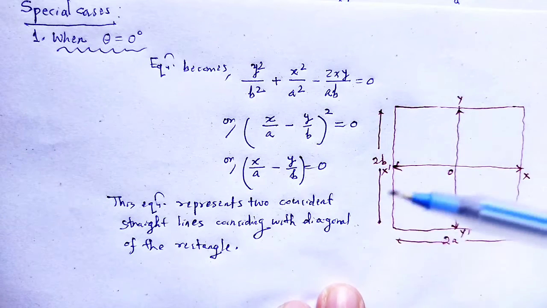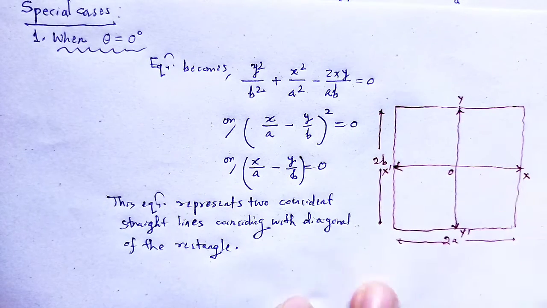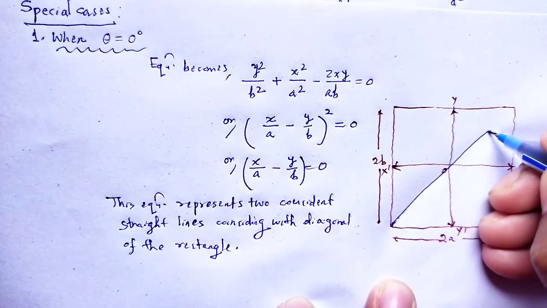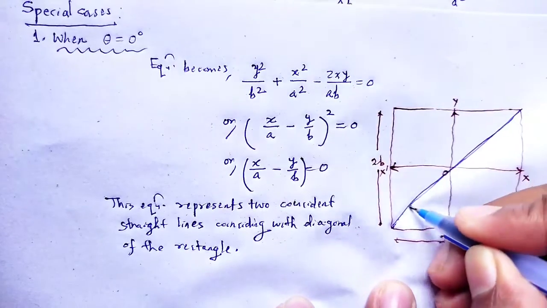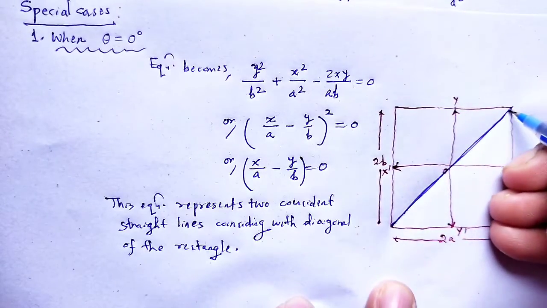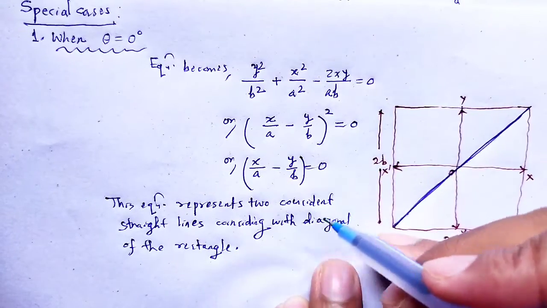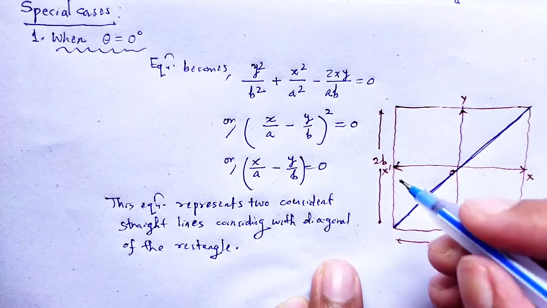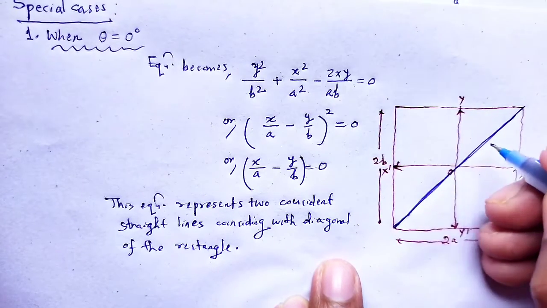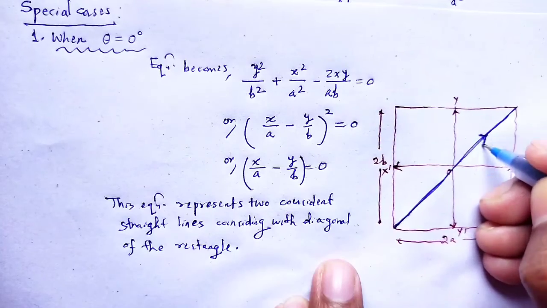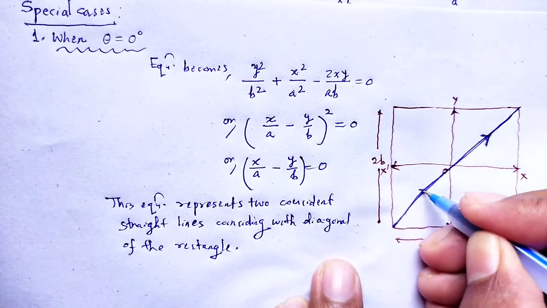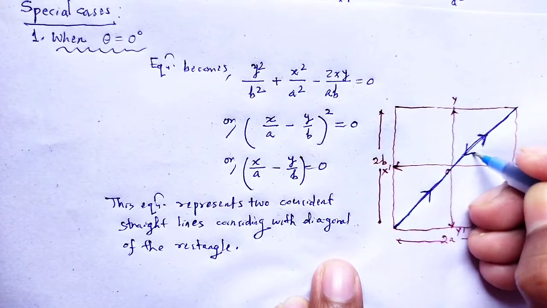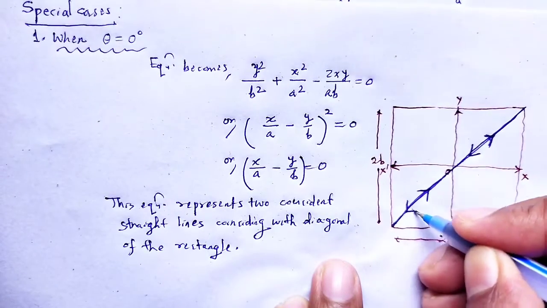According to that equation, it represents just a straight line, and the directions are two coincident straight lines, along the diagonal.